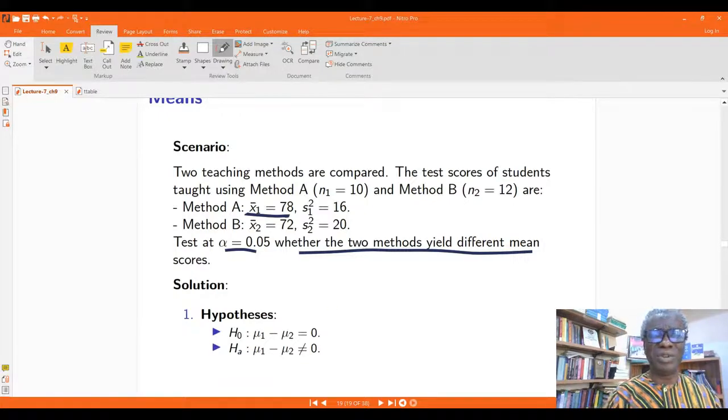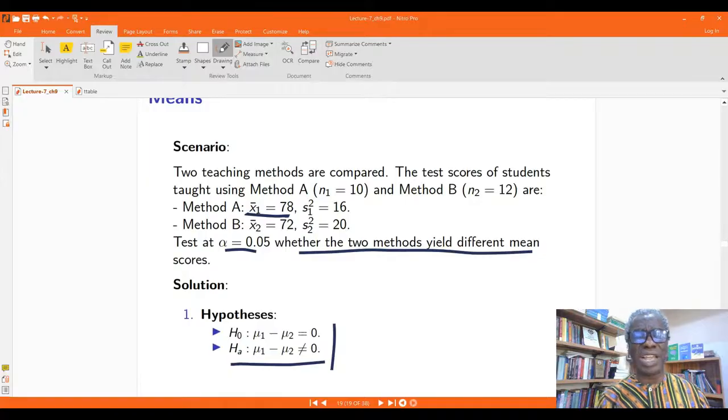So the hypothesis is what you see here. The null hypothesis is saying there is no difference. The alternative is saying there is a difference.